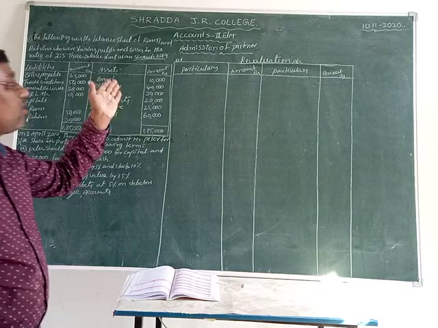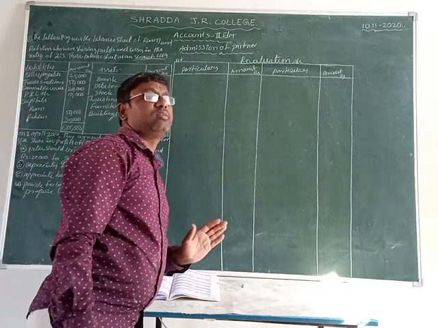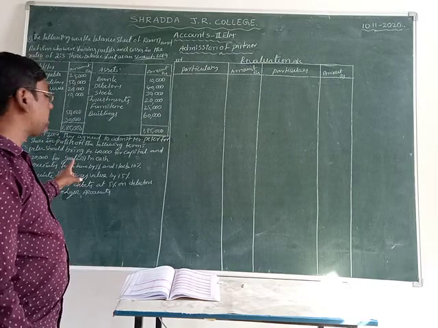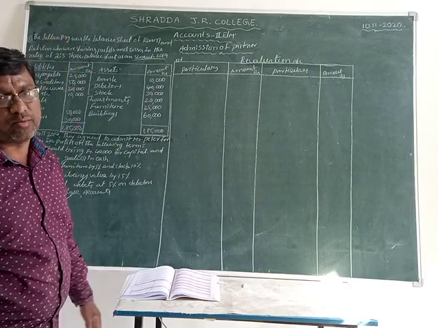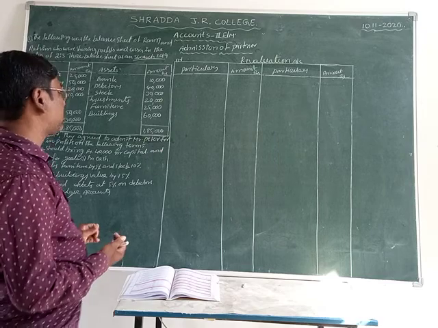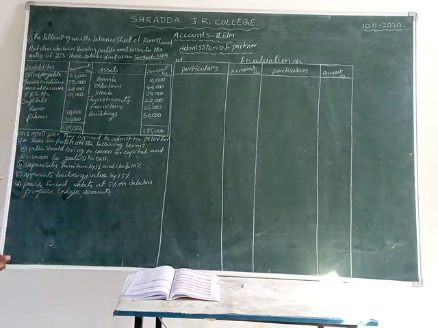We record only the transactions that appear in the adjustments, not those in the assets. Okay? So first of all, let us take the adjustments.